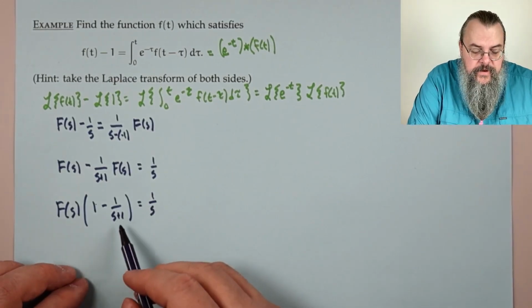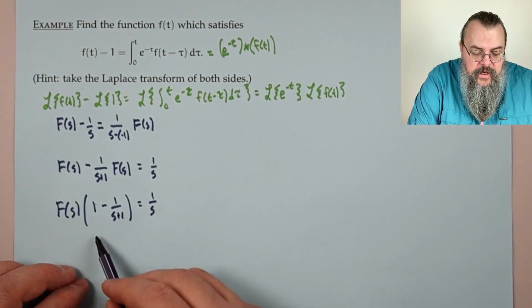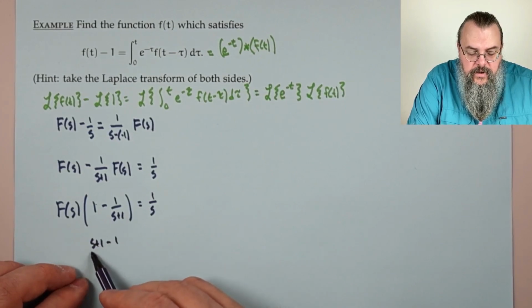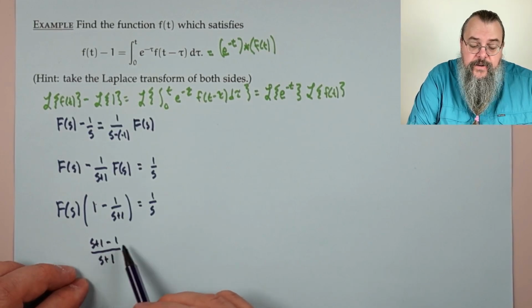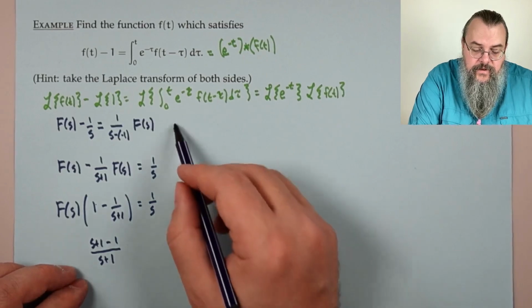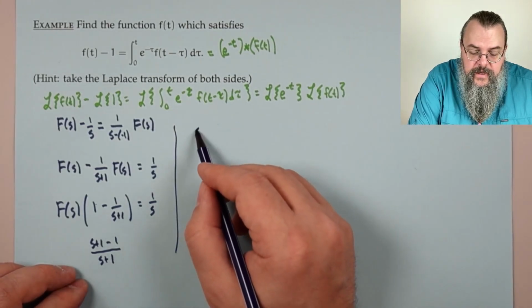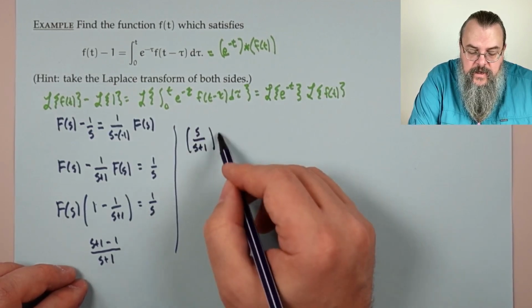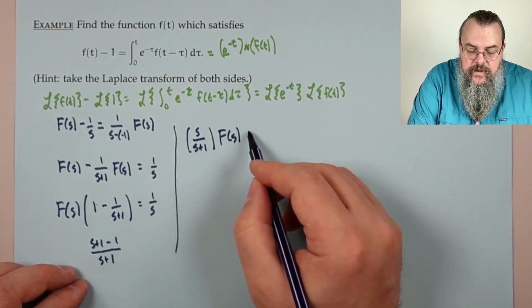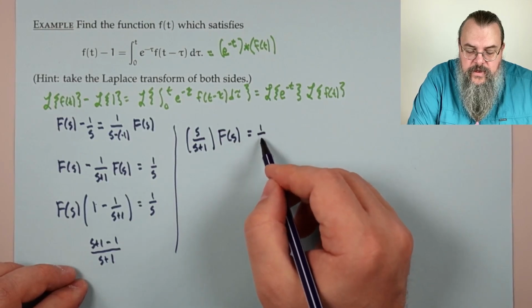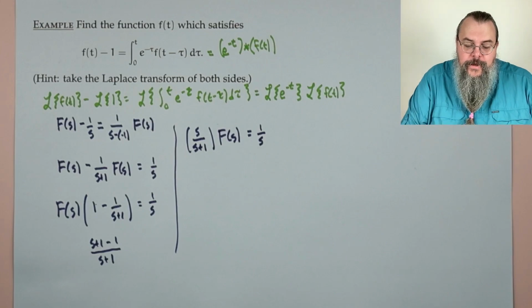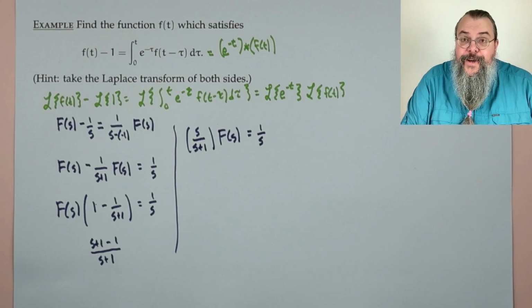And let's see, what do we have here? Well, this would be s plus 1 minus 1 over s plus 1. Now, s plus 1 minus 1 is the same as s. So we have s over s plus 1 times F of s is equal to 1 over s. All right, well, we're in pretty good shape, right?